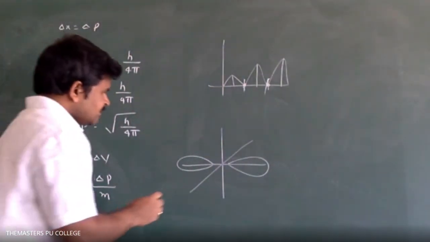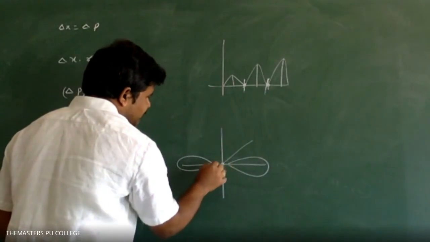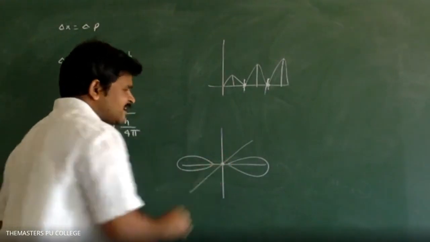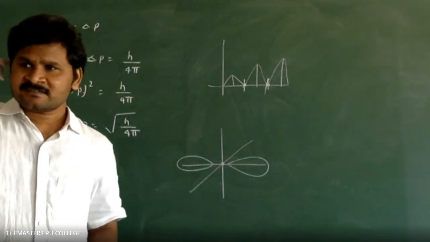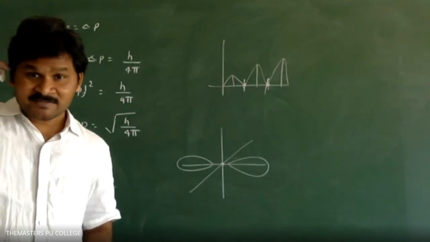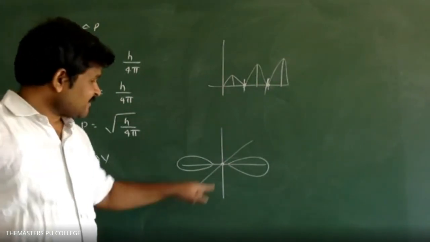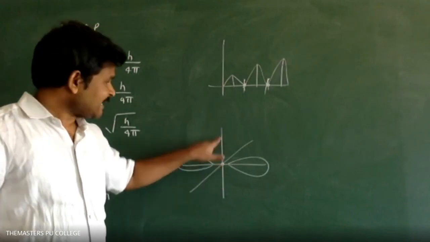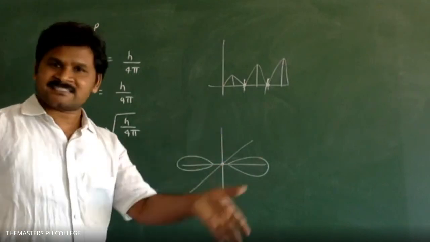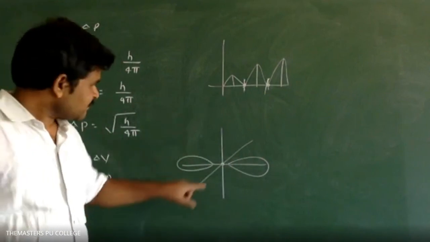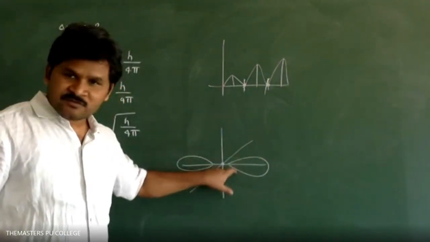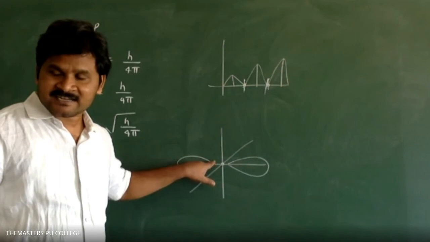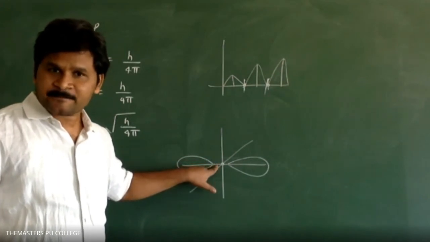Along with the px orbital, the YZ plane is also present. I am asking about the plane, not the axis. Do we have any lobes on this plane?